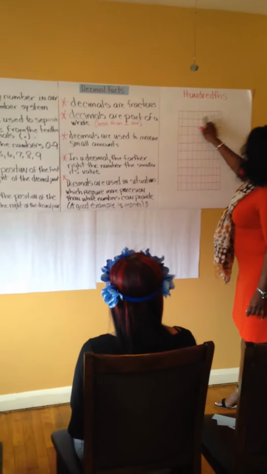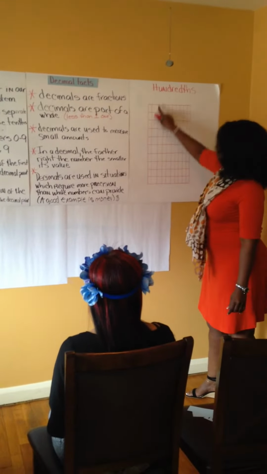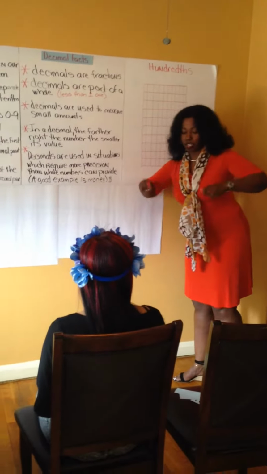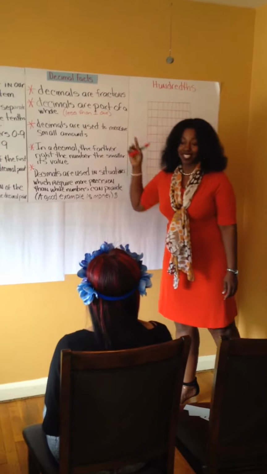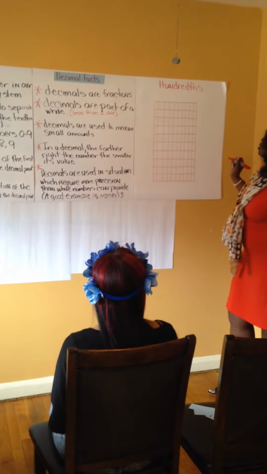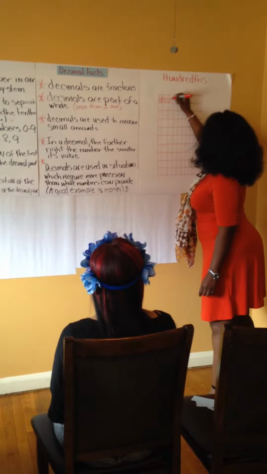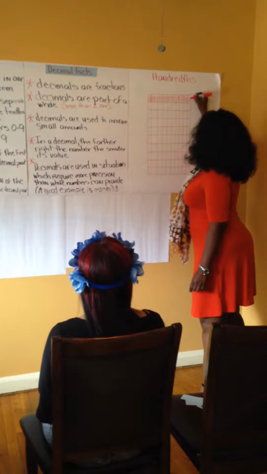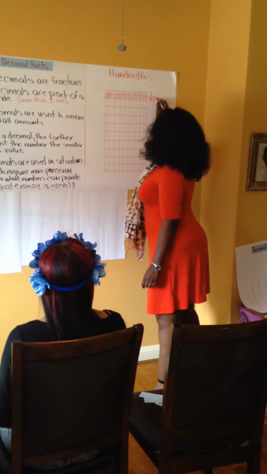So each one of these is 10 times 10, and we know 10 times 10 is 100. Remember, we said decimals are part of a whole and less than 1. So I'm going to color in 100, and it's simply 1 over 100.